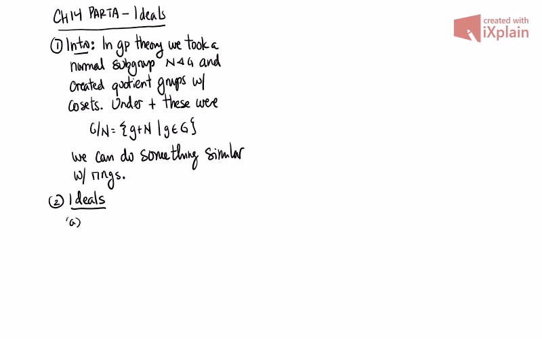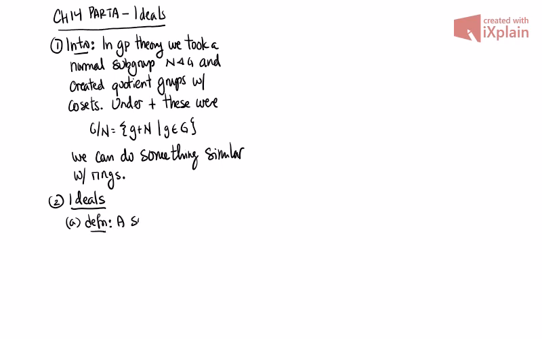So what we want to do in this part A is define an ideal, give you an ideal test, do some examples, and then look at some very specific examples of ideals which come up frequently. So, definition.